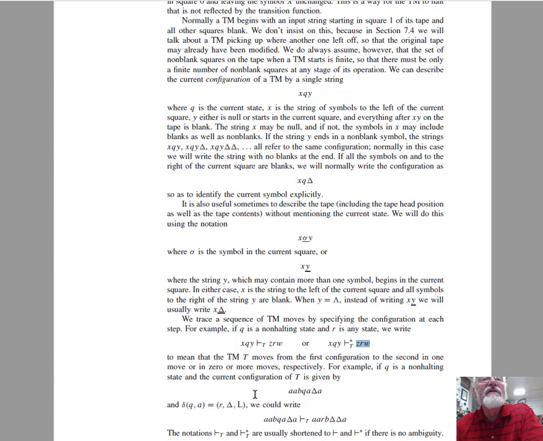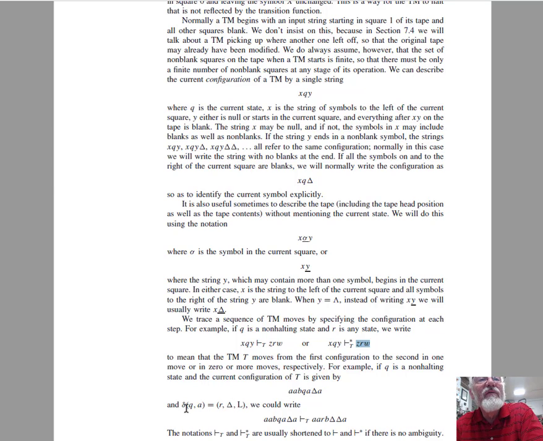If you look at this, here's an example. This says that we're in state Q with AAB in front of the Q and A delta A B at the current position, with this A and these two following immediately. We could write this if delta of Q, A is R, delta, L. That means you're in state R, read a delta, and move left.